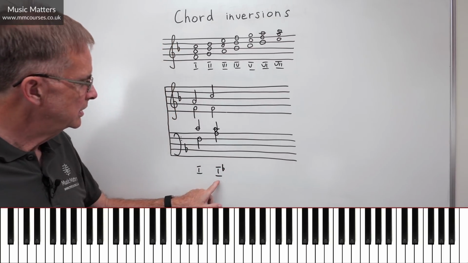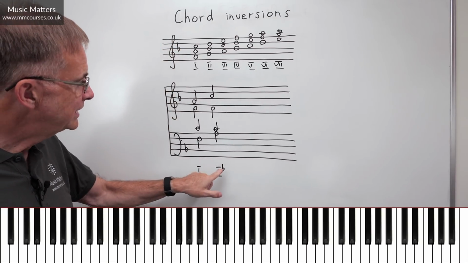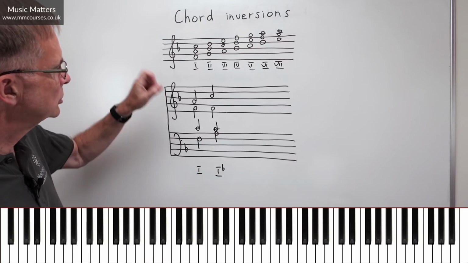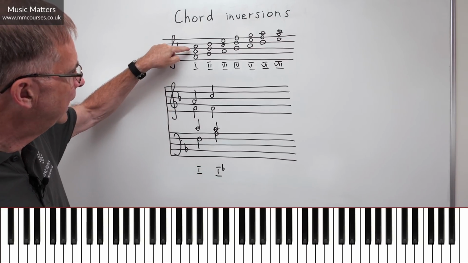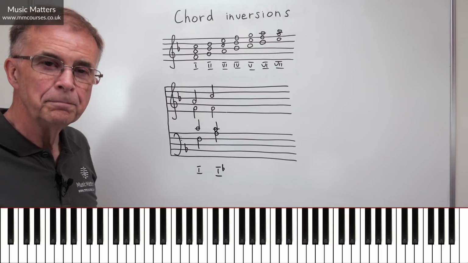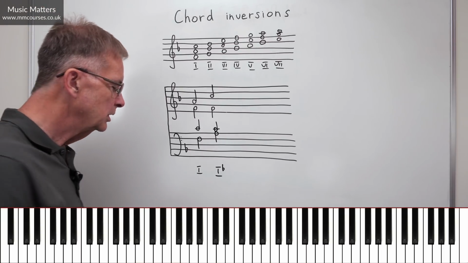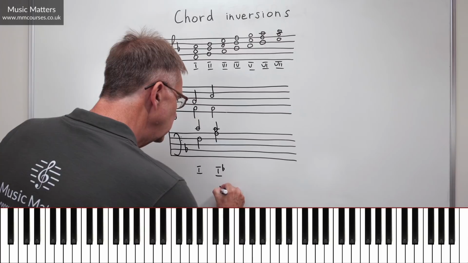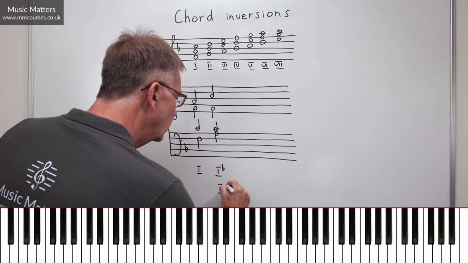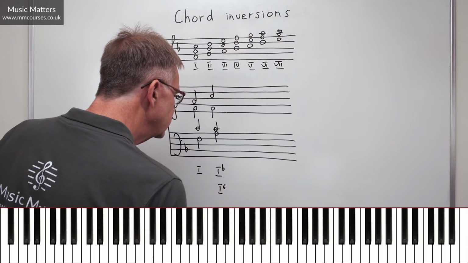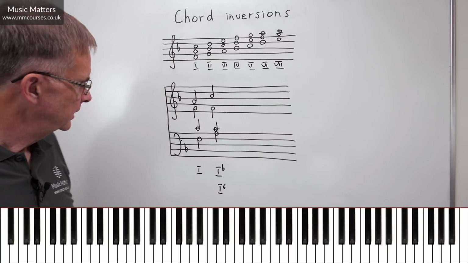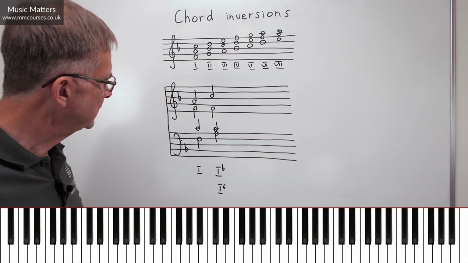So the 1 says it's chord 1, the B says it's in first inversion, by which we mean that A is the lowest sounding note. If you live in the US or in any part of the world that's following the US convention, you'll call that 1 and you'll call it 6. That's how the first inversion is denoted there.